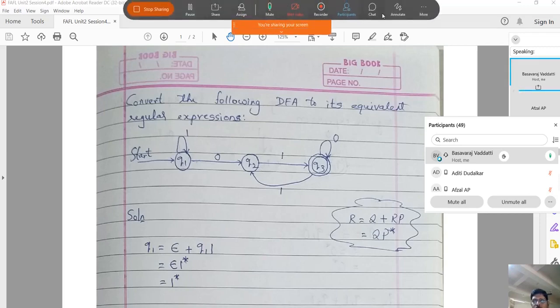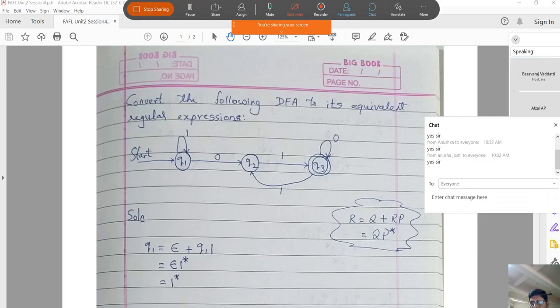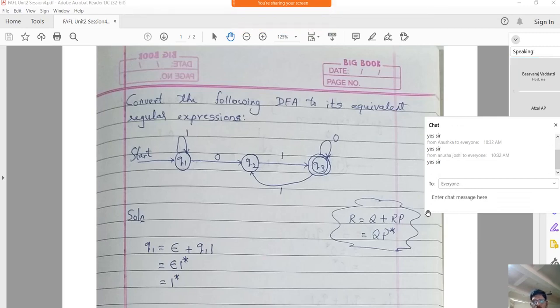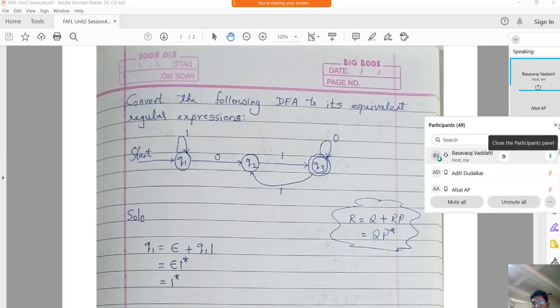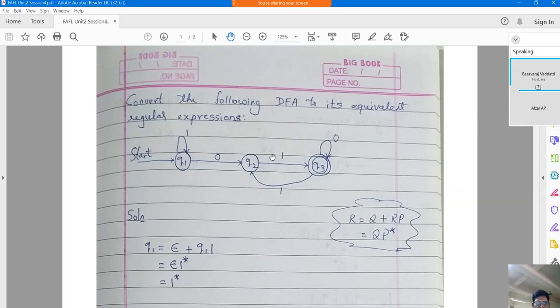Okay, then we'll continue our discussion with respect to how to convert a DFA to a regular expression. You can notice a DFA can be given either as a transition diagram, as given here. It may also be given as a transition table.